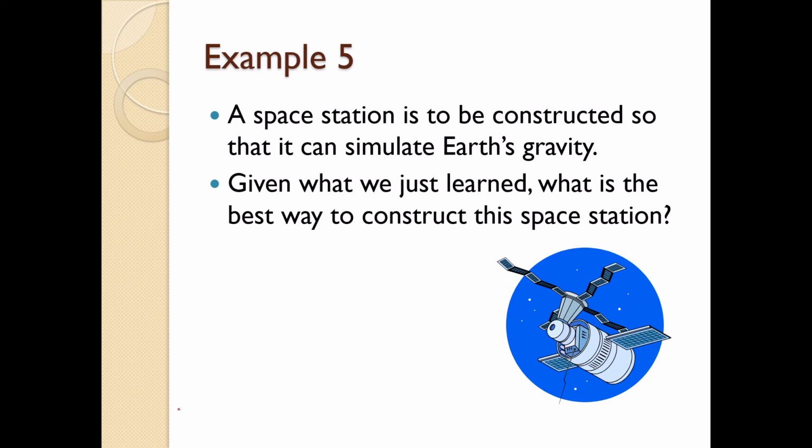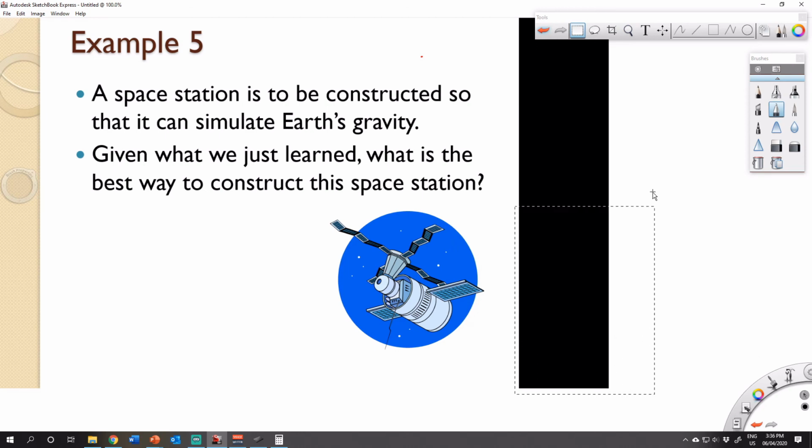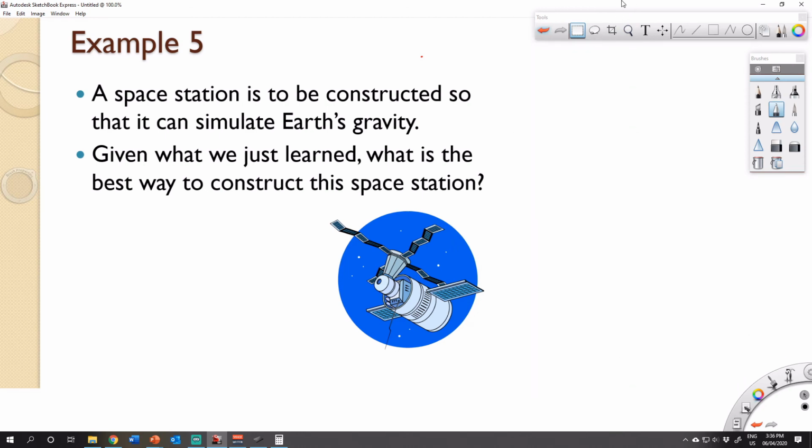Anyways, so we want to construct a space station in Earth's orbit that can simulate Earth's gravity. Given what we learned, what is the best way to construct a space station? Well, we've done a lot of making things equal to other things, so we'll do the same thing here. We want to rotate this space station, basically.